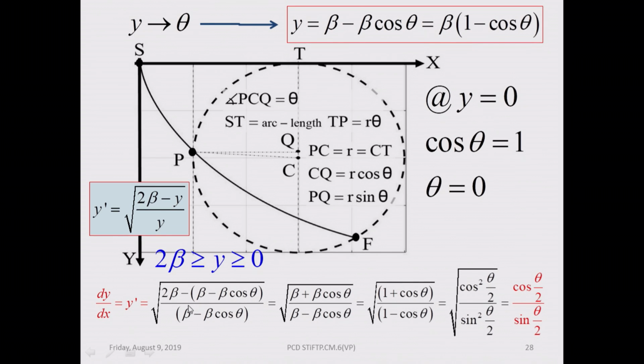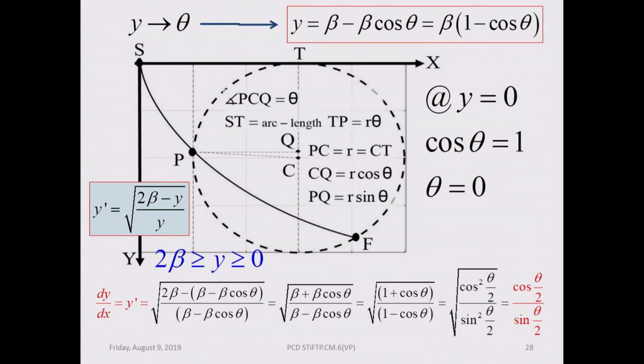So you get 2 beta, you're taking the derivative, right? So you get 2 beta, and this is a very simple manipulation of this. You write these functions not in terms of theta, but using trigonometric identities.